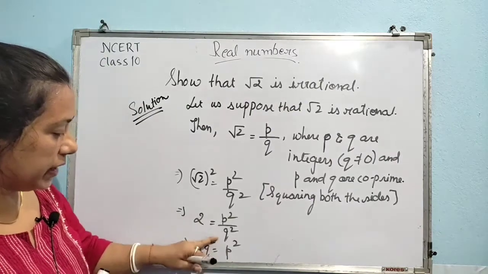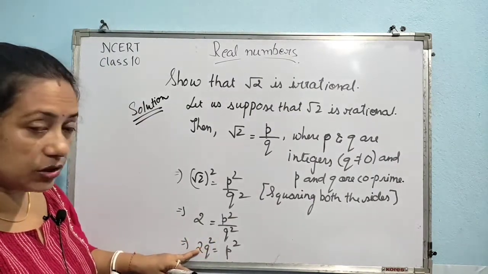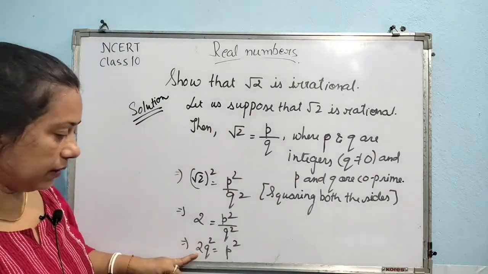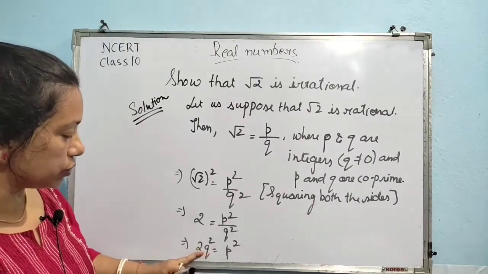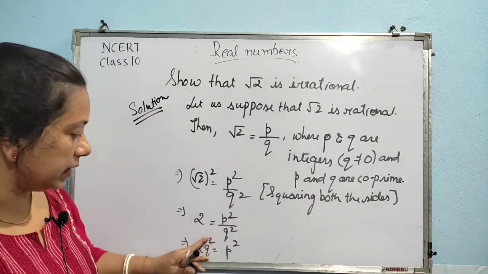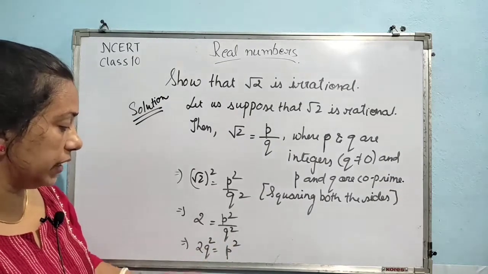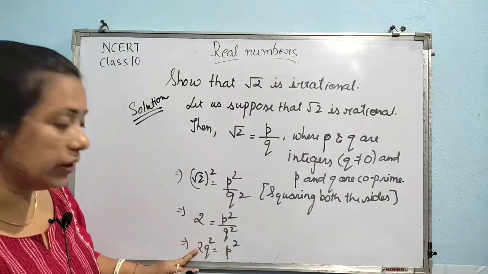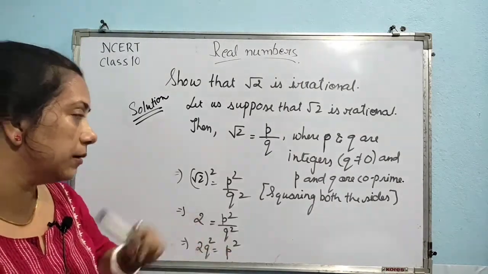Now 2q square is a multiple of 2, this entire number has 2 with it, 2 into q square. So definitely this is an even number, it will be divisible by 2. Since 2q square is divisible by 2, and this value and this value are the same, p square is also divisible by 2. It means we can write in the next step that 2 divides p square, because 2 divides 2q square.